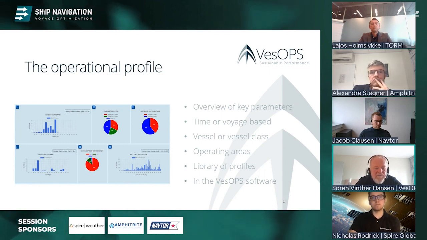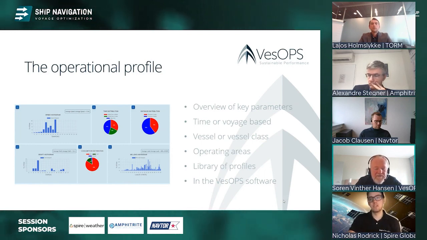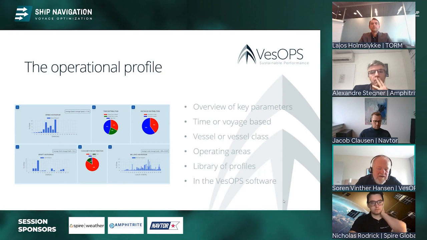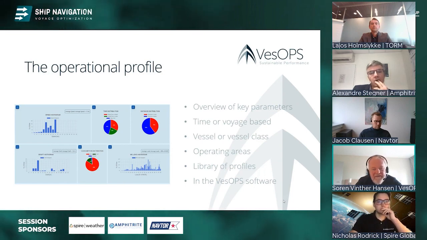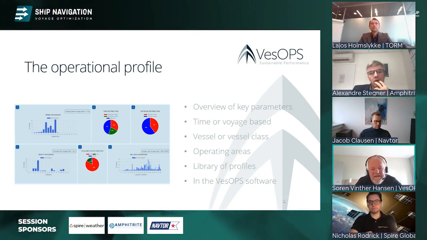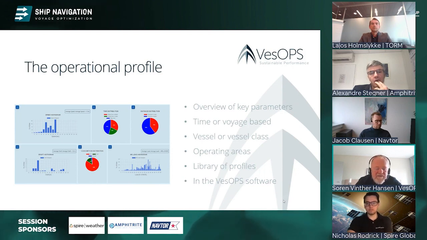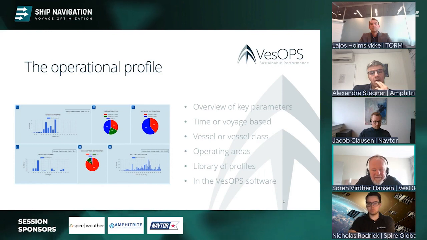And then we could put that into some sort of overview where we said, okay, the last half year we have done like this. Let's export that and put it into a CII calculation, and then see what effect that had on the CII.